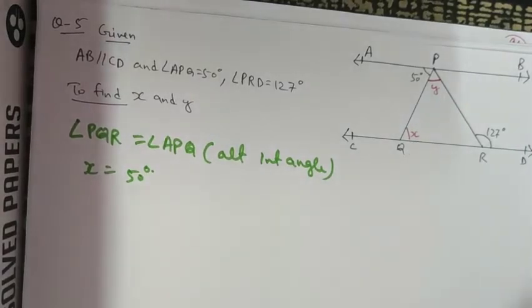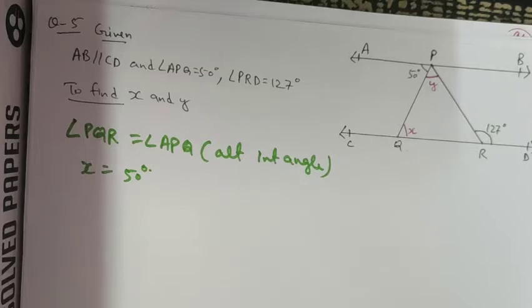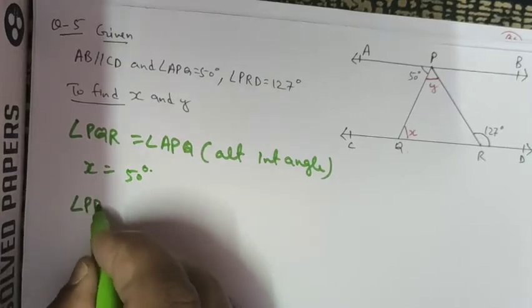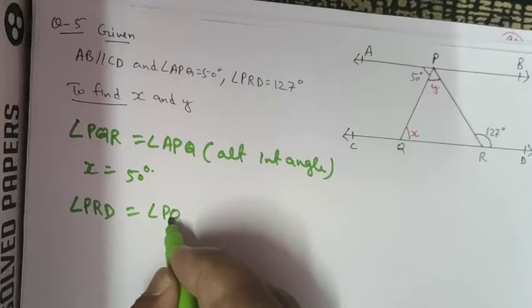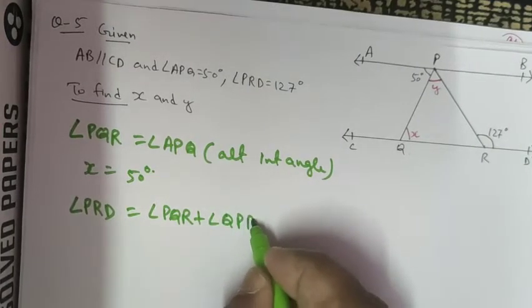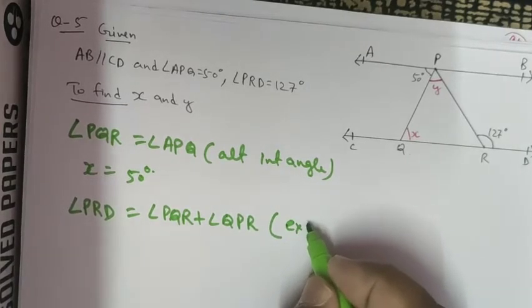Now the second part, Y, we need to calculate. For Y we can see that angle PRD equals angle PQR plus angle QPR. Why? Because of the exterior angle property.